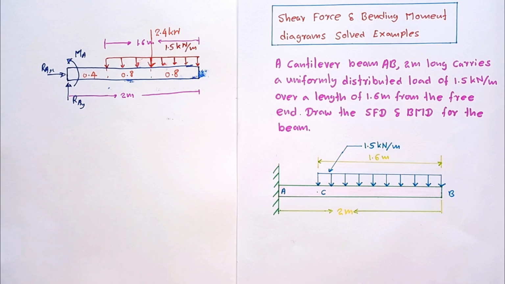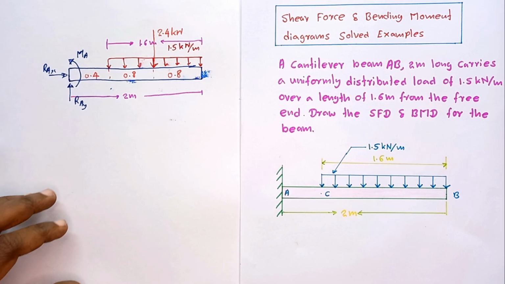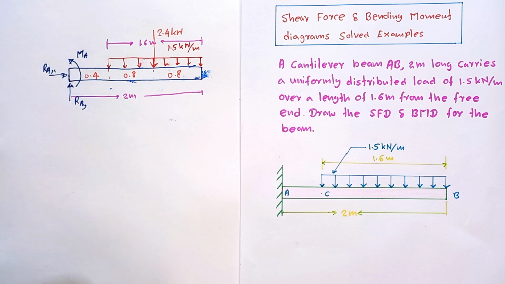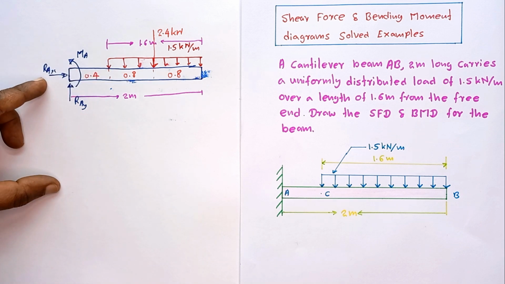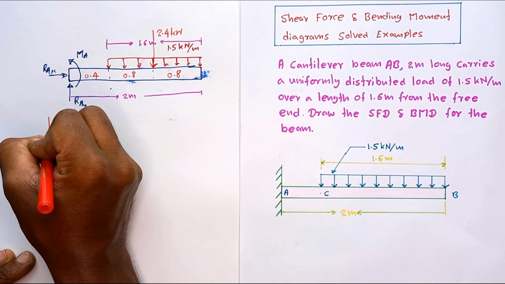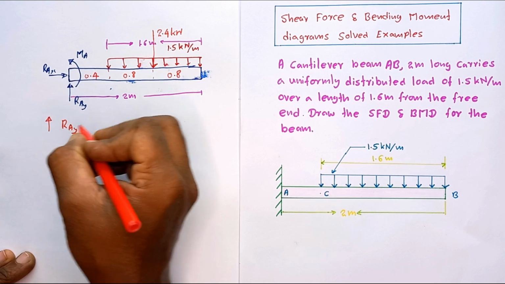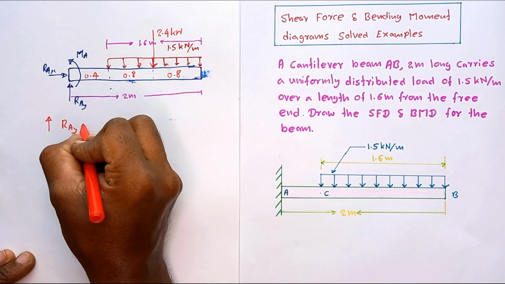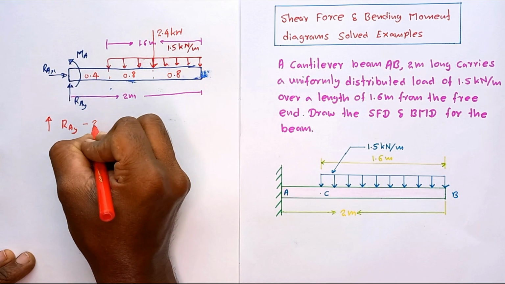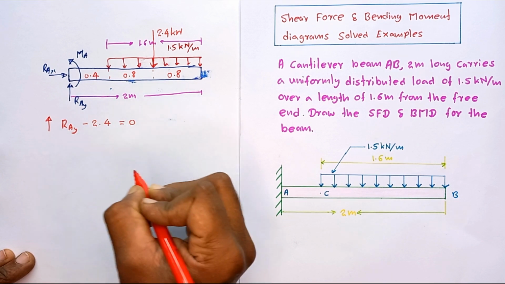Okay, this is the free body diagram for the entire beam. As the first step, you should draw this free body diagram. Then you have to find all of these unknown reaction forces from the support. To find RAY, I am going to resolve the forces in the vertical direction. RAY minus 2.4 is equal to 0.